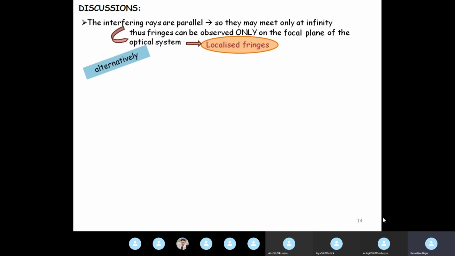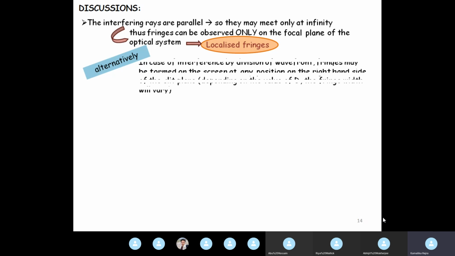This is in contrast to, alternatively, in division of wavefront, we saw that fringes are formed on the screen provided the screen is placed somewhere on the right hand side of the slit plane. Only depending on the value of capital D, the distance between the screen and the slit plane, the quality and quantity of the fringe width, etc., will vary.